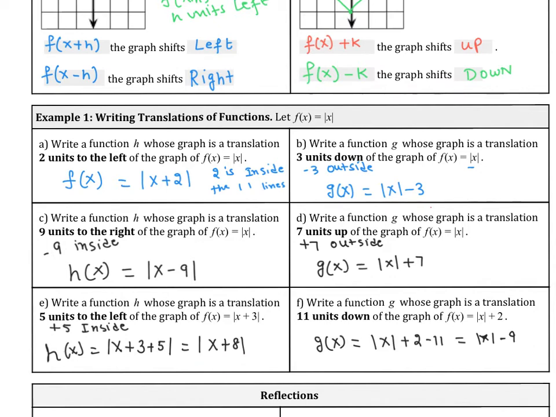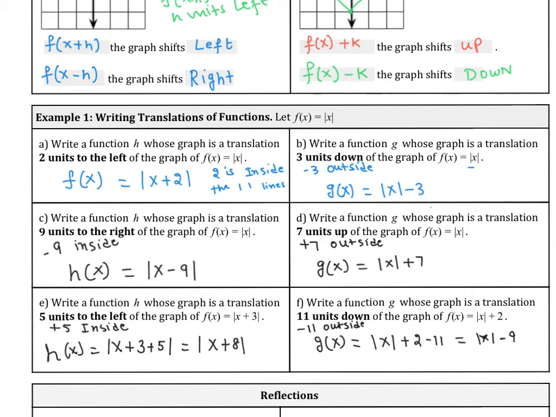For letter F, write a function g whose graph is a translation 11 units down. Whenever we use up or down, we add or subtract on the outside of the function. So for this case, we're going to use negative 11 outside of the function.